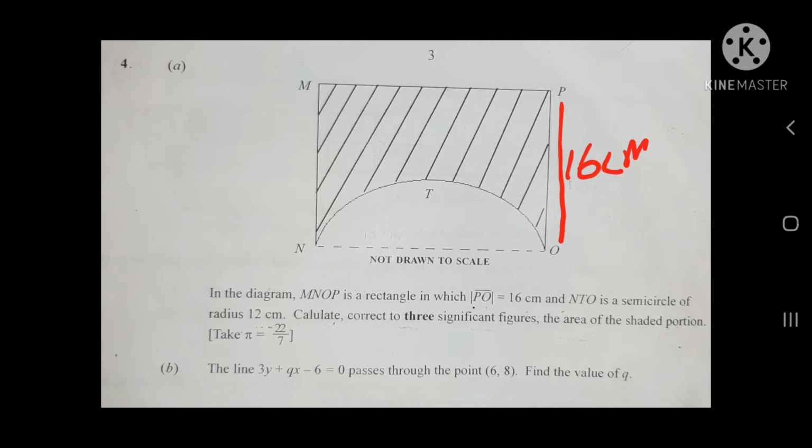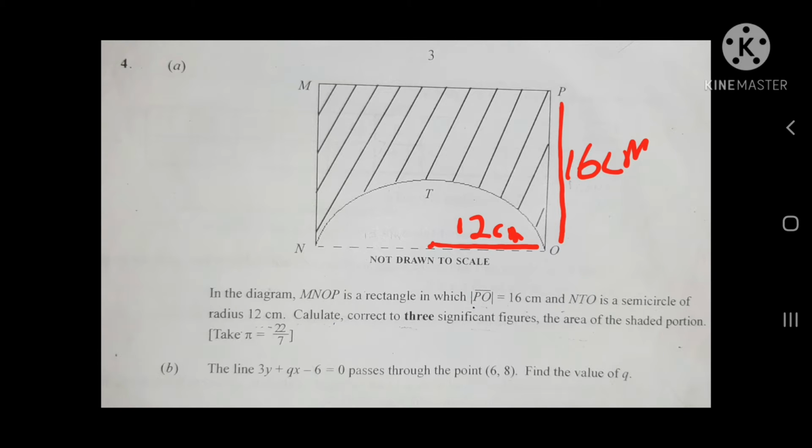And NTO is a semicircle of radius 12 centimeters. So assuming we have this as the radius, this means that here will be 12 centimeters.